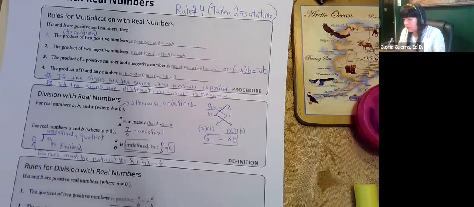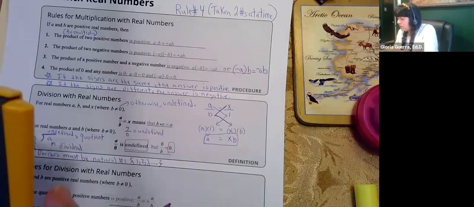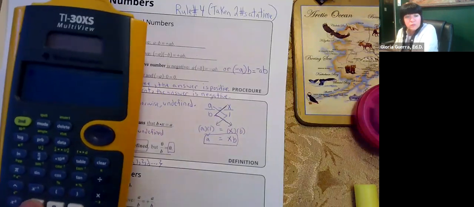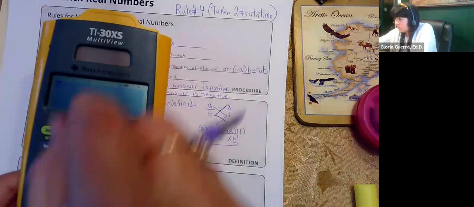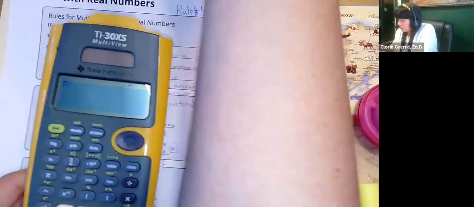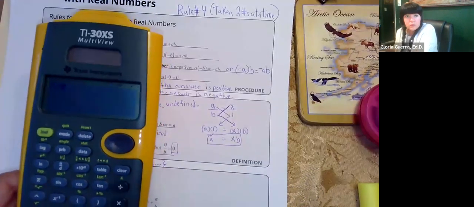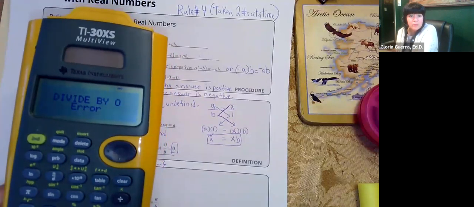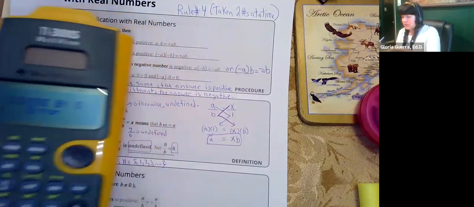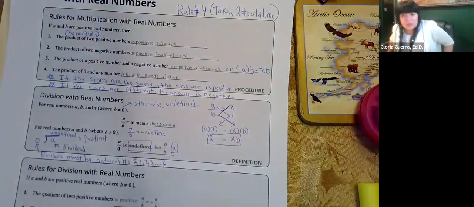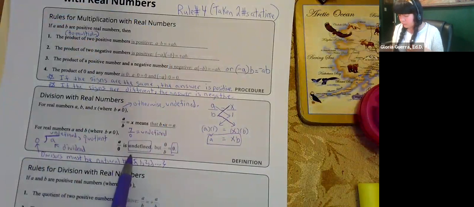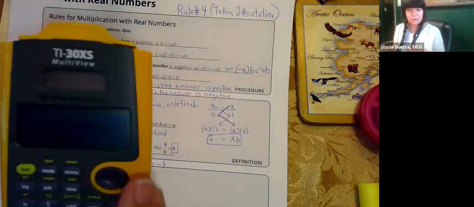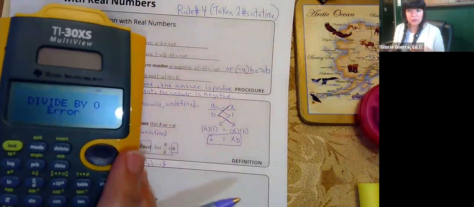Well, on the calculator, it doesn't say the word undefined, but it still says something helpful. If I do 7 divided by 0, see how it has divide by 0 error? So it doesn't actually say undefined, but it still gives you something that's helpful. That's enough to tell you that that's the one that's undefined.